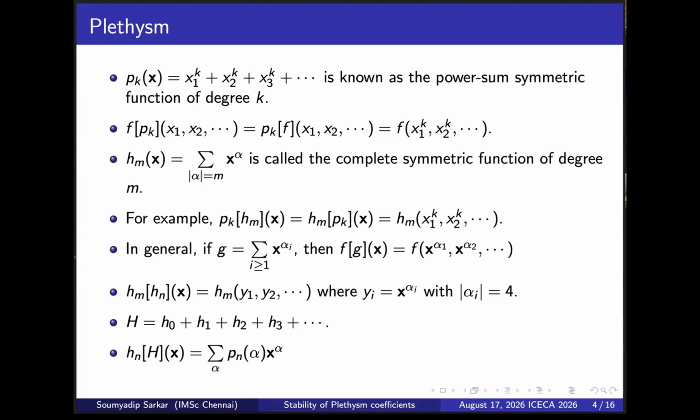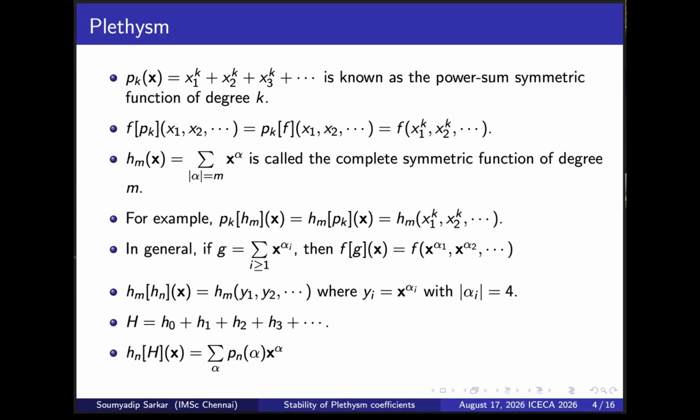So now what is plethysm? I will not go into the technical definition of plethysm. It is enough for us to understand that if you take any symmetric function f, its plethysm with p_k is just replacing each x_i with x_i to the power k. That is the plethysm of f with p_k.